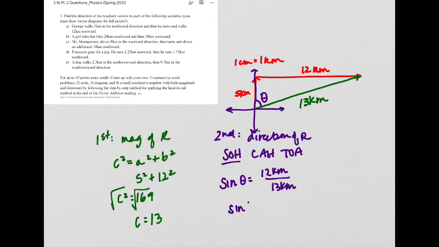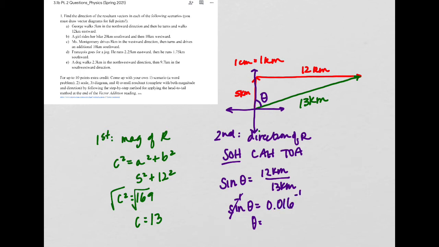So I get sine of theta is equal to 0.16. Then I take the inverse sine of both sides. Oops, I made an error.